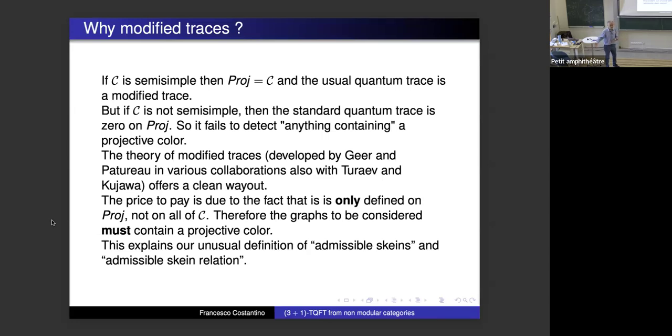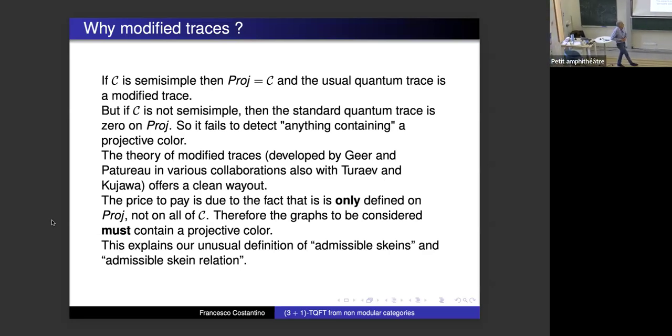So you lose very much of the objects of the category. You are not able to detect them. The modified trace was exactly invented in order to get numbers out of colors of your category which are not the simple ones you would normally work with in the initial theories.